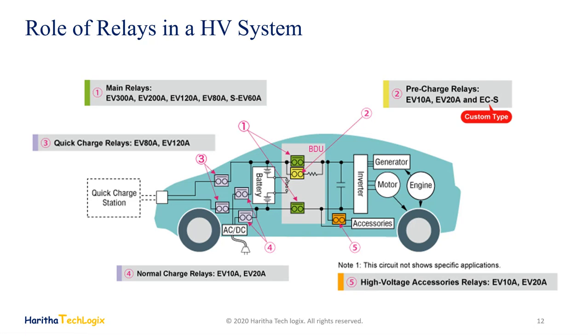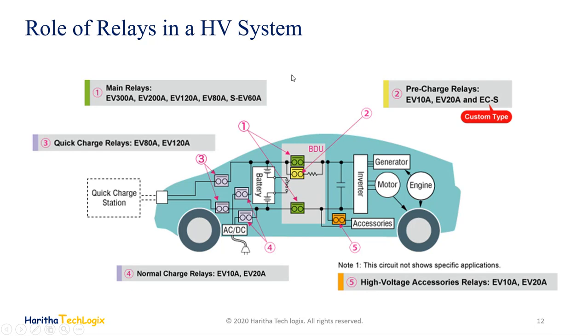As it is a high voltage battery, the negative terminal need not be connected to the ground, because if you have seen in a conventional vehicle, generally the low voltage batteries' negative terminals are connected to the chassis. But here, since we have a high voltage battery, these high voltage batteries do not have a ground connection to the metal chassis of the vehicle. So since it is a high voltage electric vehicle battery system, it is done so.